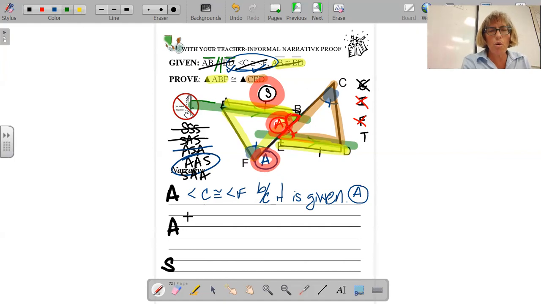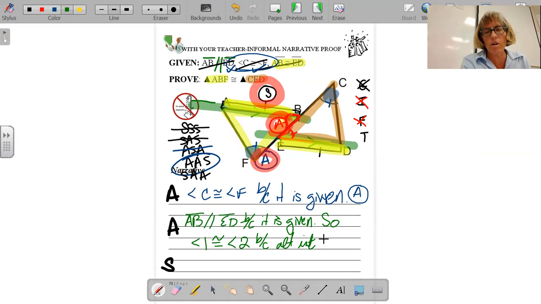Then we were told that AB is parallel to ED because it is given. So angle 1 is congruent to angle 2 because alternate interior angles are congruent.